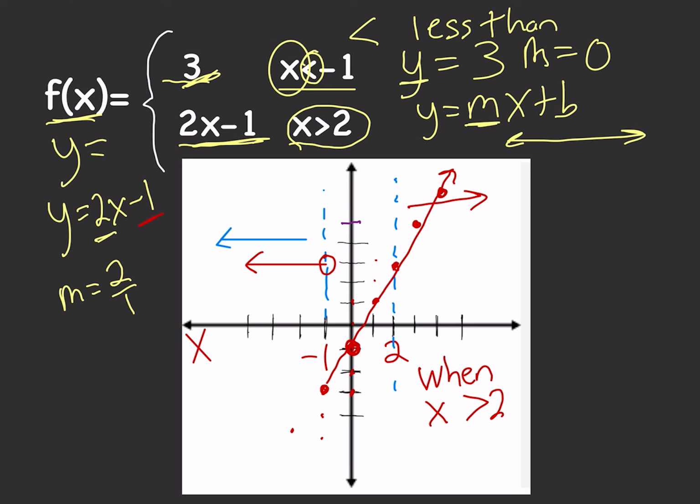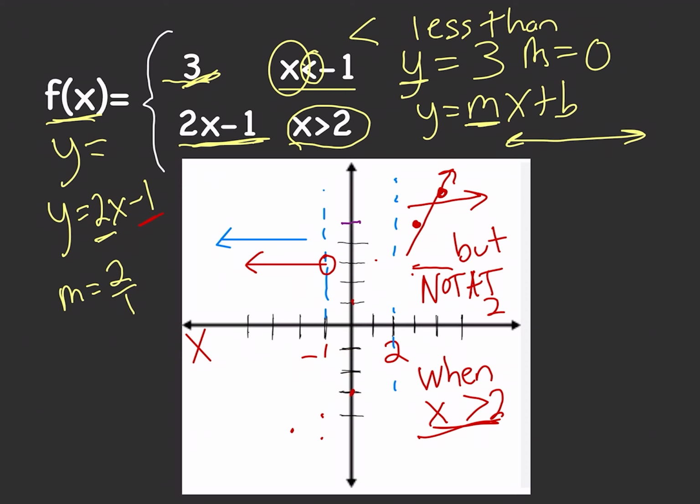And now I'm going to go about erasing parts of it. So in other words, when I have x greater than 2, that means that anything to the left of 2 is not going to be there. But it doesn't exactly equal, it's not true at 2, meaning 2 cannot be a coordinate on that line. So this is where I do that open circle thing. And I'm erasing everything to the left of x is 2.